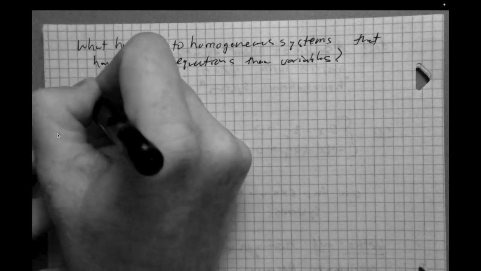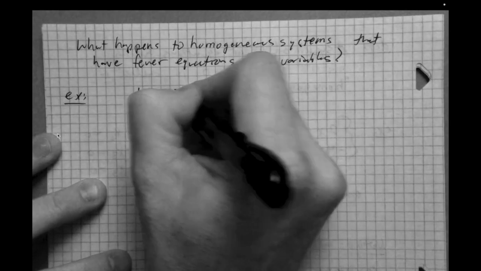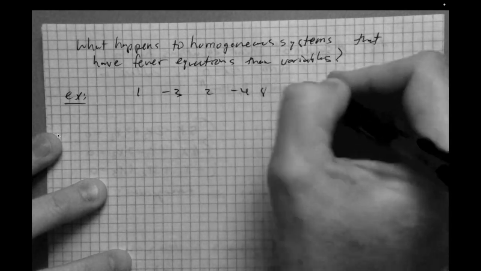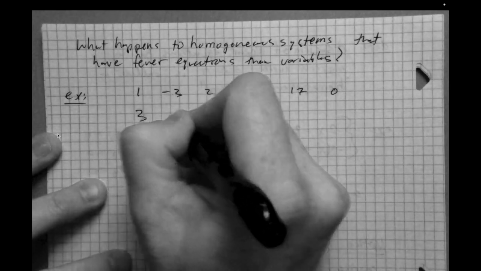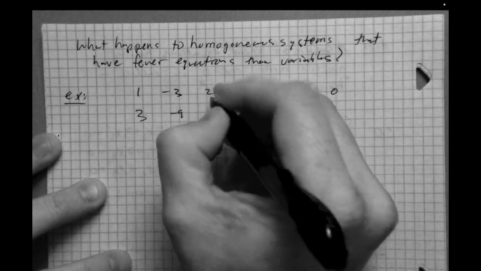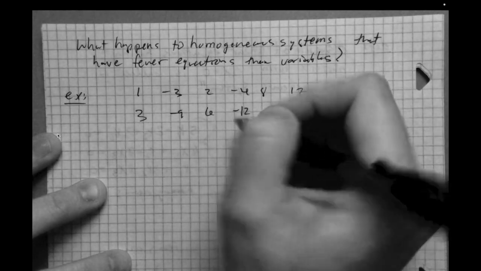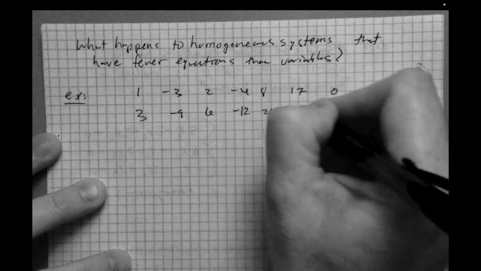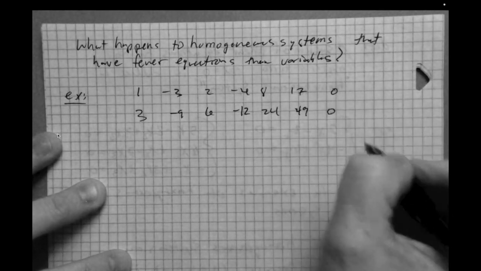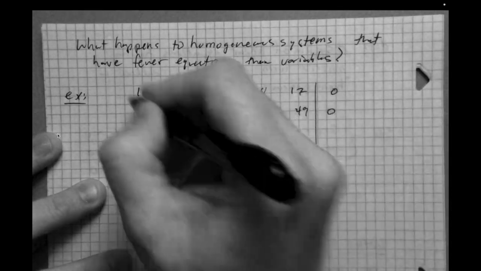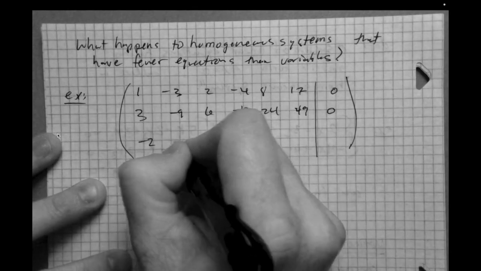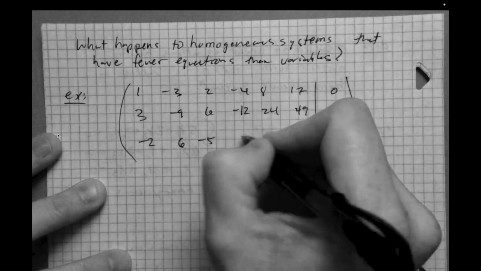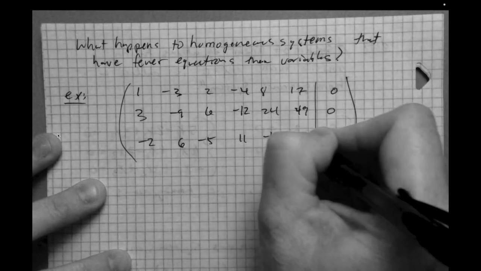Here's an example. Let's say 1, -3, 2, -4, 8, 17, 0. So kind of a big system. So 3, -9, 6, -12, 24, 49. Homogeneous though. So remember, this is my augmented matrix over here. -2, 6, -5, 11, -18, -40, 0.